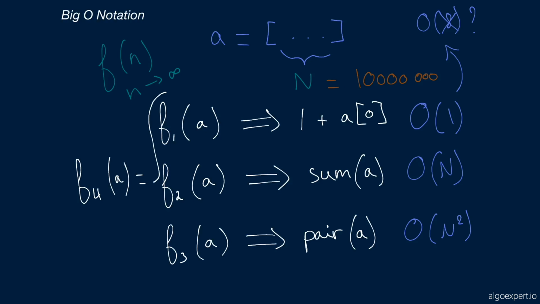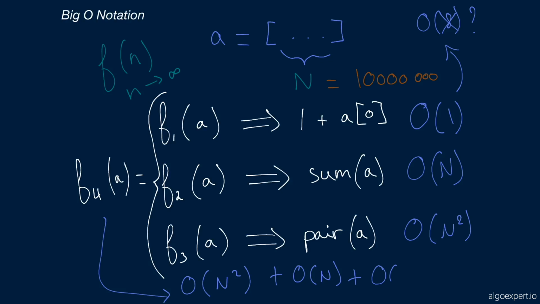So you can imagine that these three algorithms would be run in F4. F4 would suddenly have a time complexity of O of n squared plus O of n plus O of 1.